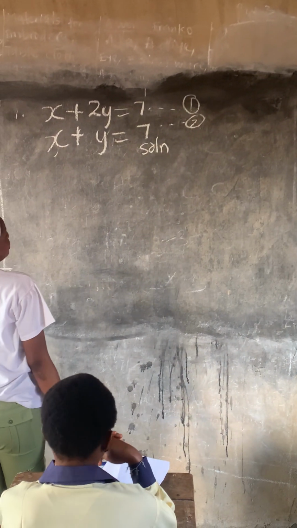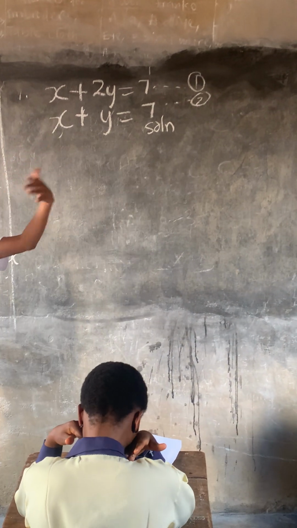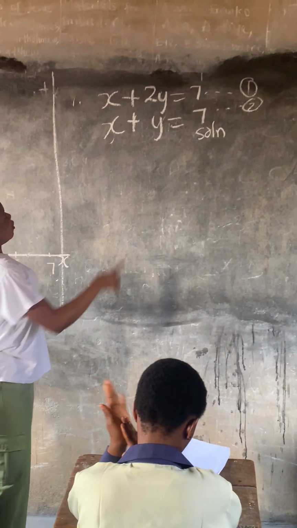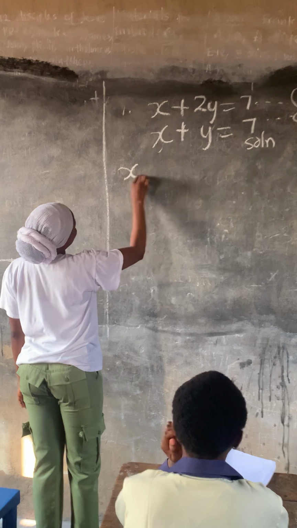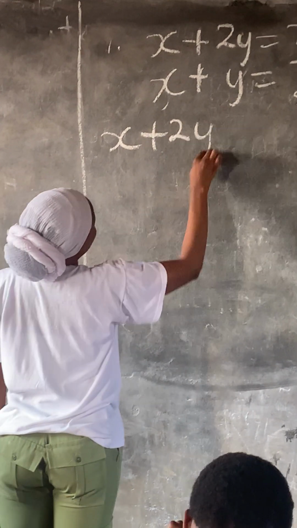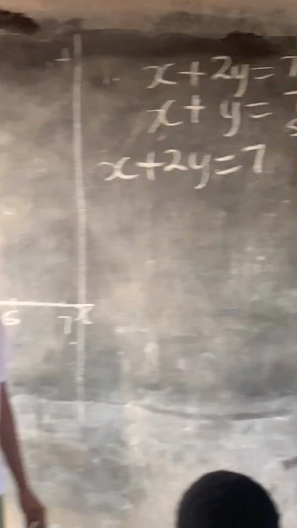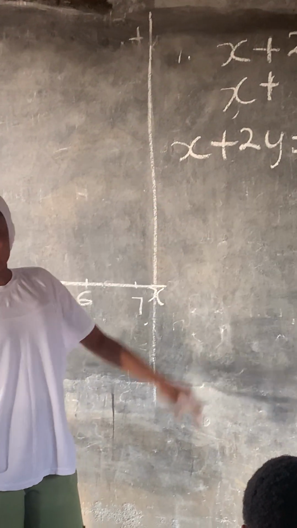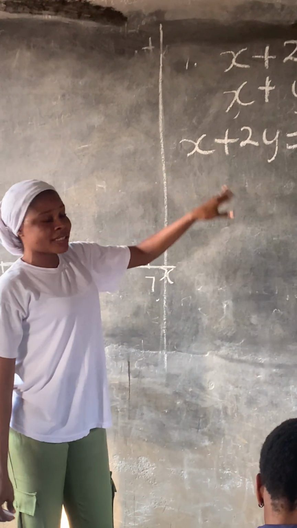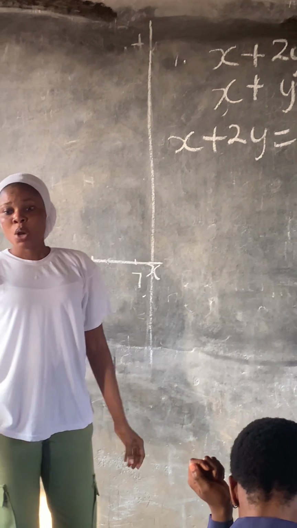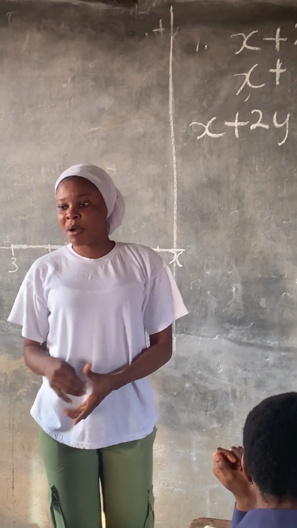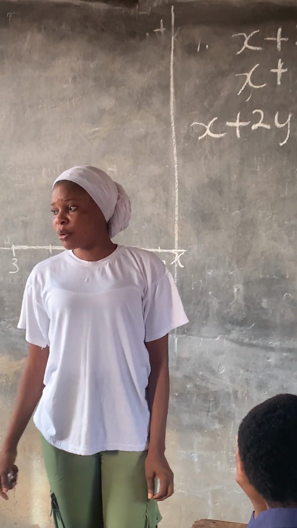So now if you are solving things like this, you need to bring out the first equation first, okay? That's x plus 2y is equals to 7, right? This was our first equation. So what you are going to do is find the value of x when y is equals to 0. Remember in a graph, it starts from the origin. The origin is 0, okay?